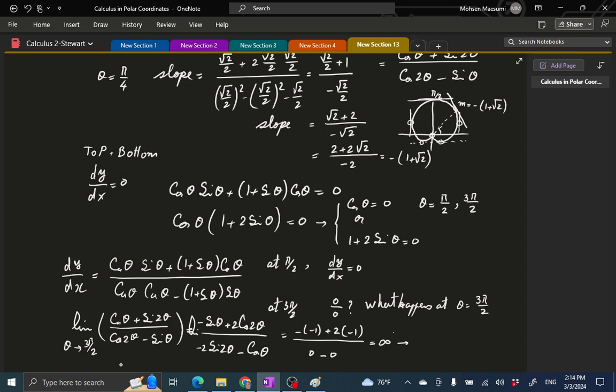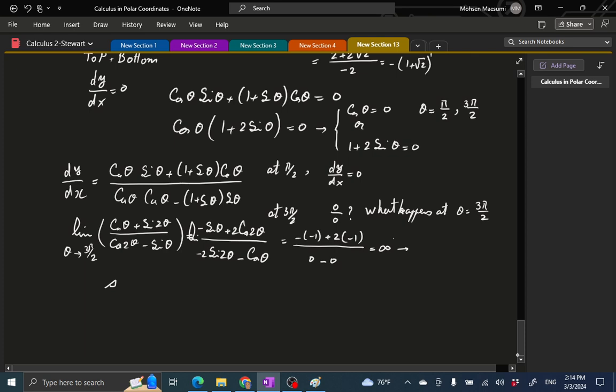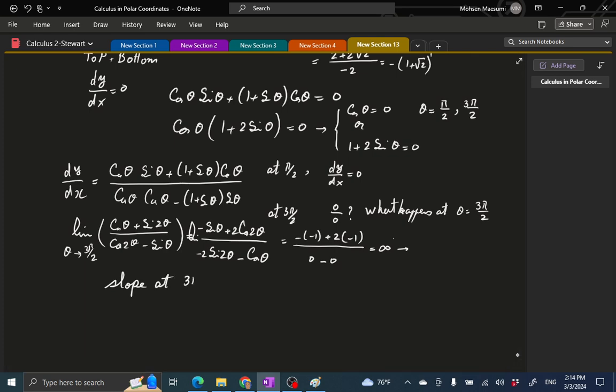That means what we found is that the slope at 3 pi over 2 is infinity.